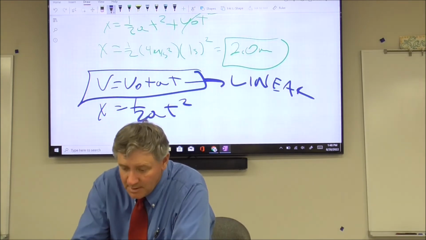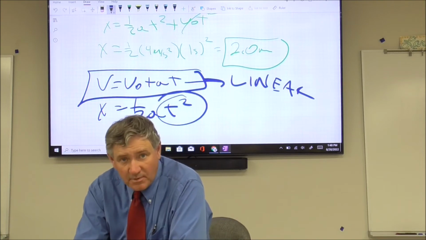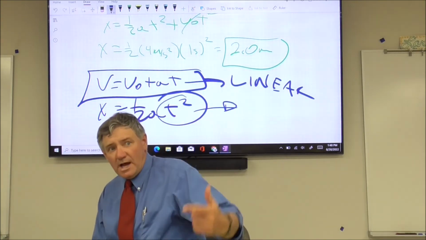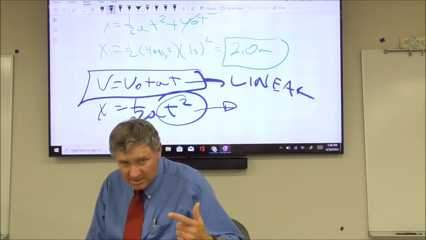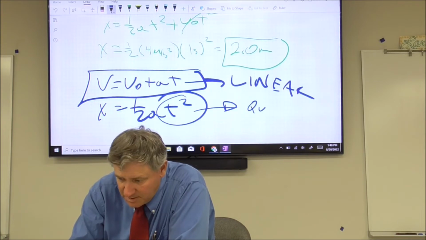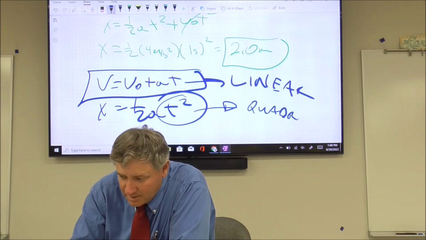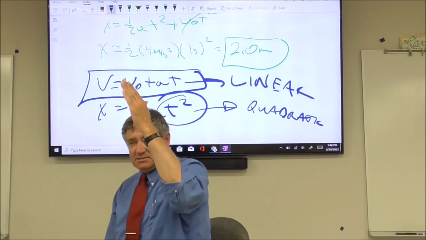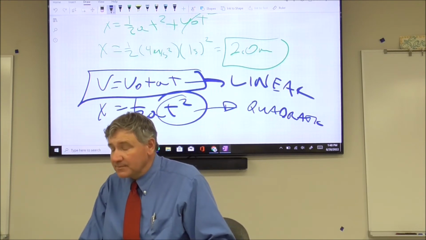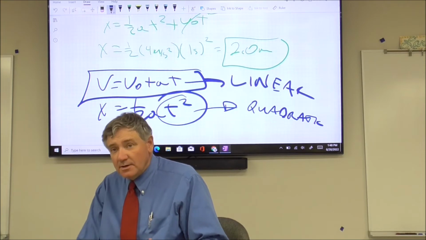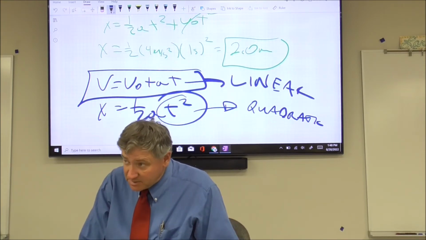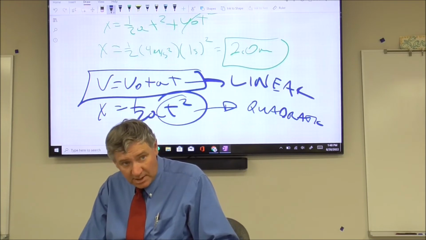This is t squared. As soon as you multiply it by t squared, now what does it become? Parabolic. Now it becomes a parabolic or a quadratic function. So anytime it's just acceleration times time, or some constant times time, and there's nothing squared, that's a linear function. As soon as you see something squared, then it becomes a quadratic function.